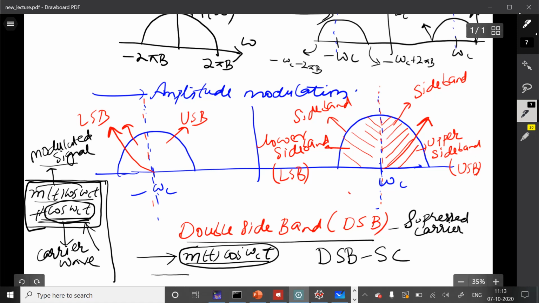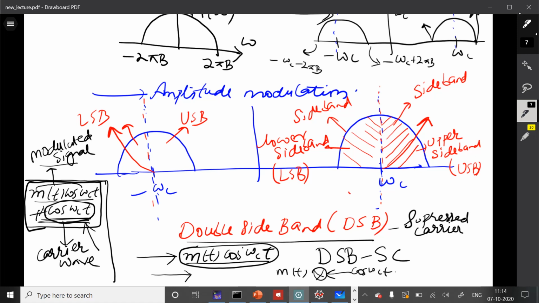We need to basically multiply m of t with cos omega ct. So from a circuit design point of view, we need a multiplier operation. You might have studied some circuits which actually multiply two signals.